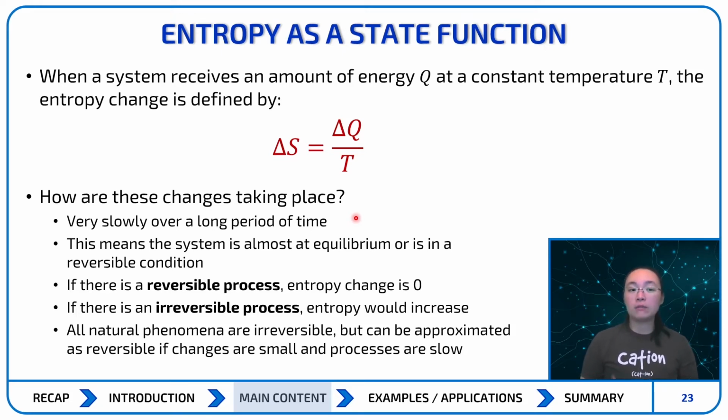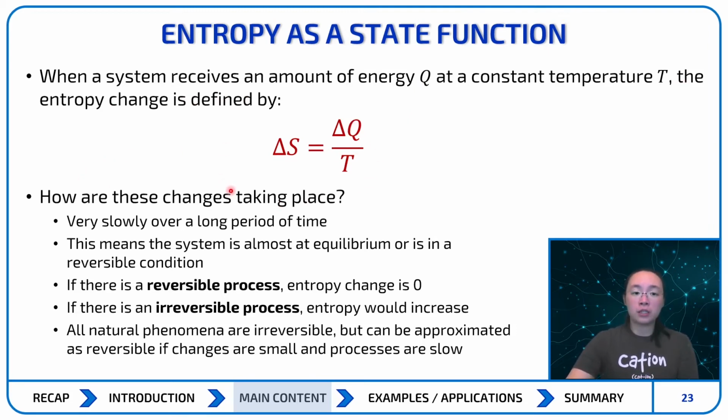So basically the level of disorder is going to increase as time progresses. To define delta S, when a system receives an amount of energy at a constant temperature T, the entropy change is defined as delta Q divided by T.